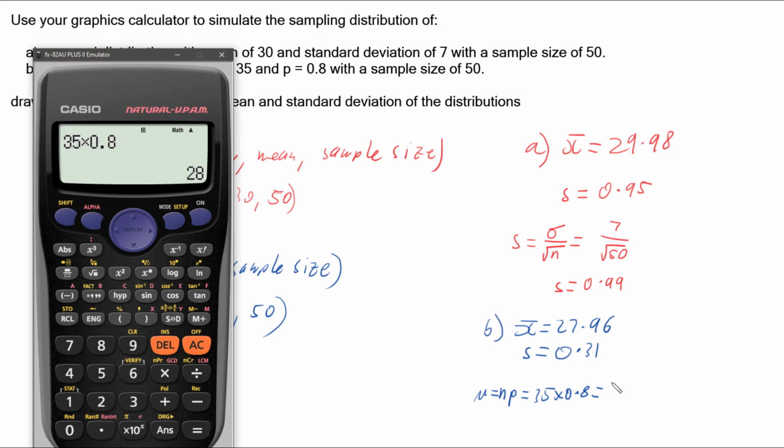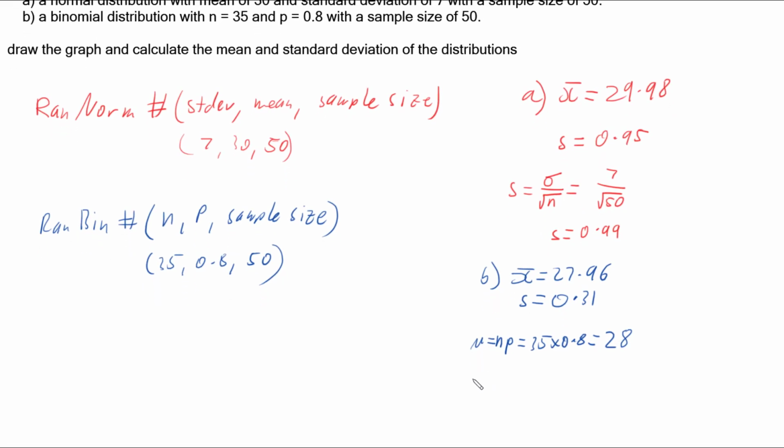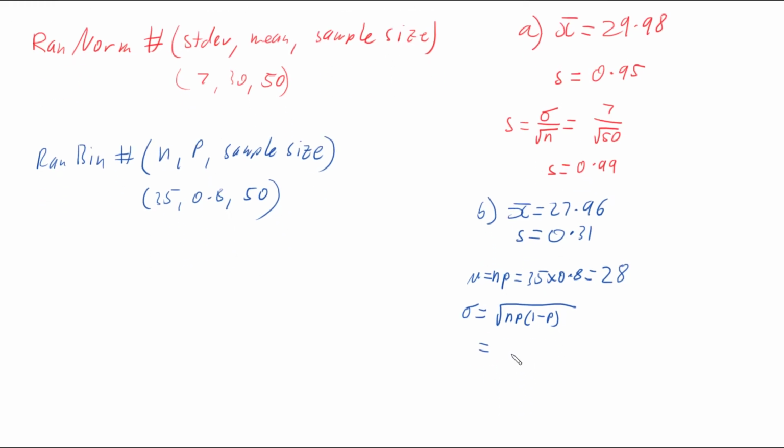So we're not that far off. And we need our population standard deviation, which is given by the square root of n times p times 1 minus p. So we're going to have the square root of 35 times 0.8 times 1 minus 0.8.